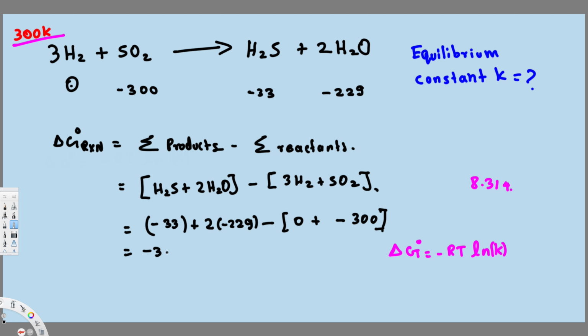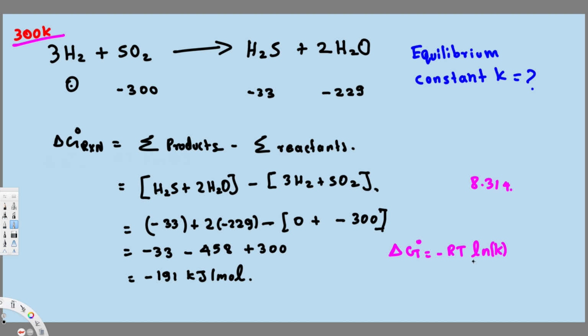This is going to be minus 33, minus 229 times 2 is minus 458, and minus negative 300 is going to be plus 300. If you calculate this one, that's going to give you negative 191 kilojoules per mole. And now we have delta G.